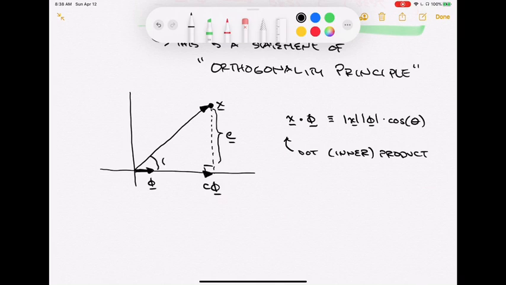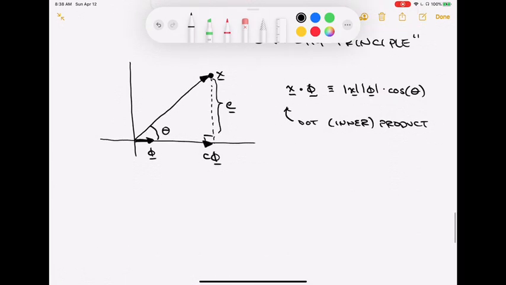I can write out here what the angle is. There's my angle, theta, in this particular case. Okay, so we wanted to estimate X with a scale factor of our building block phi. So I know C phi is equal to my X hat, right? Now, if I take C phi and I add to it error, error is actually a vector too.